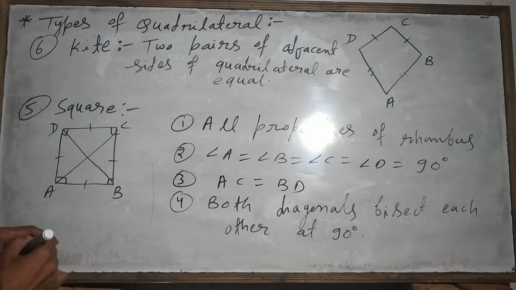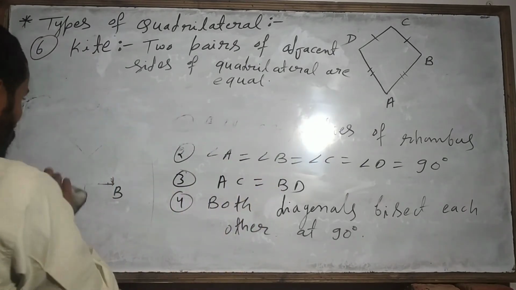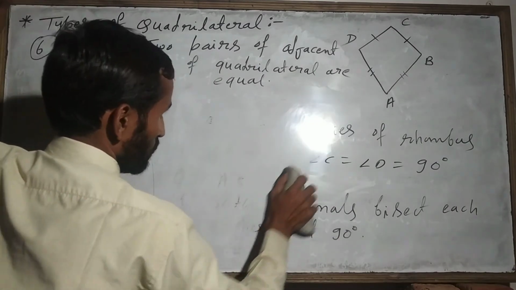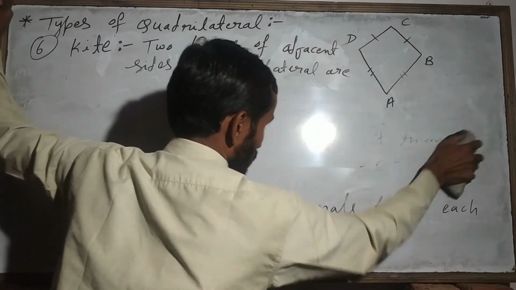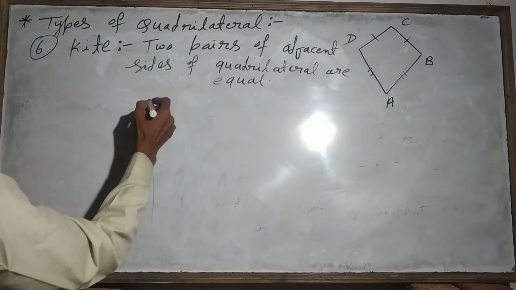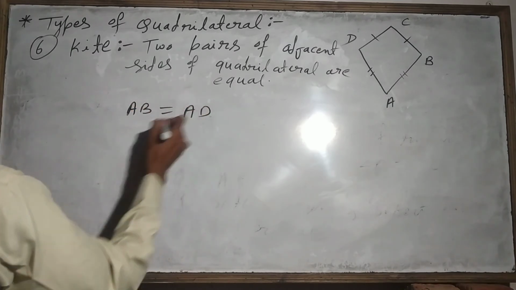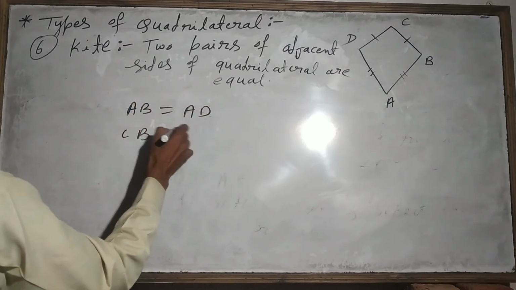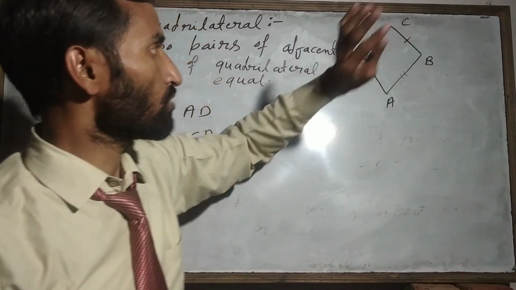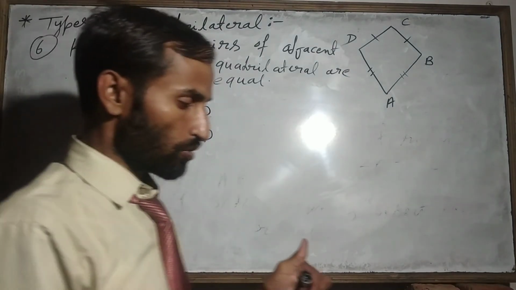Okay, it means we can write it like this: AB is equal to AD and CB is equal to CD. Meaning this side is equal to this side, and this side is equal to this side. So this is the main property of the kite only. Only these types of property are there.